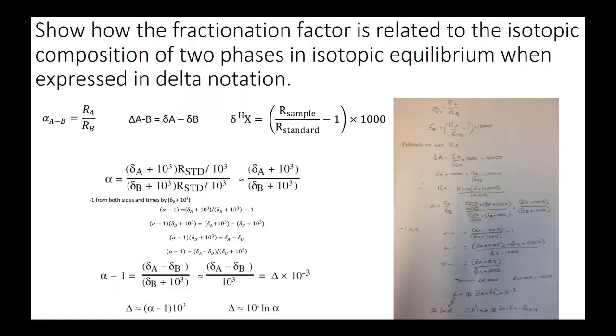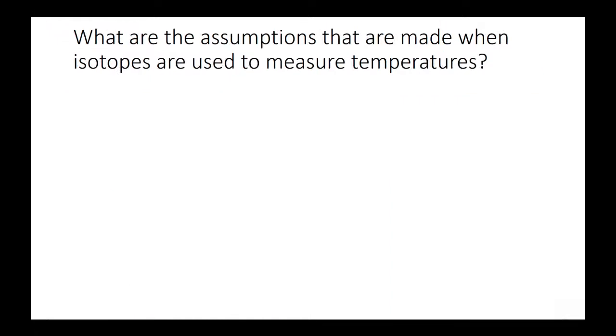And the important thing is this thing at the bottom. So this big delta down here, the difference between two samples when you're presenting the data in terms of these lowercase delta values, is equal to 10 to the 3 log alpha. Okay, so that's something to remember, because that's important.